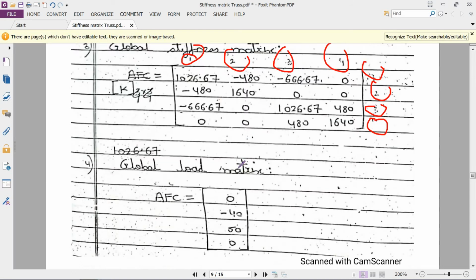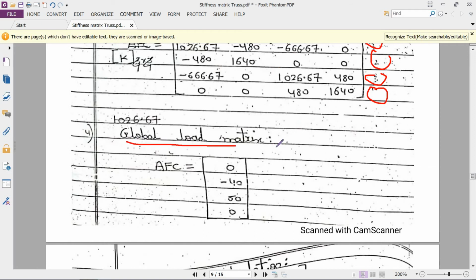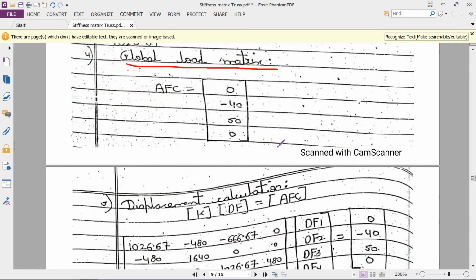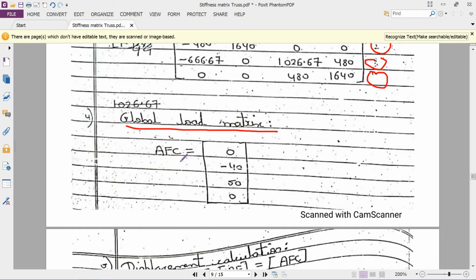The next step is the global load matrix, so you have to calculate the global load matrix. AFC we have to see as 0, minus 40, 50 and 0. Where does this come from? We know that AFC has to be calculated at coordinates 1 2 3 and 4.